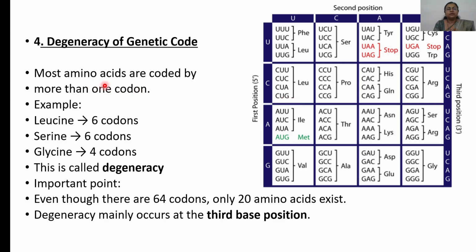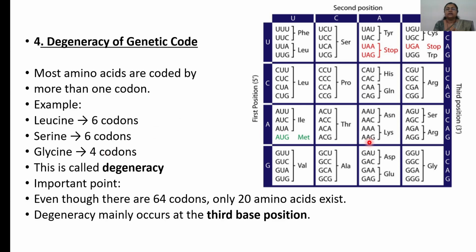Here this amino acid is coded by these, or we can say the different codons code the same amino acid, isn't it? Then serine, 6 codons. You can see here AGU, AGC code for serine. Again here also these 4 codons code serine. Then glycine, this amino acid is coded by 4 codons.